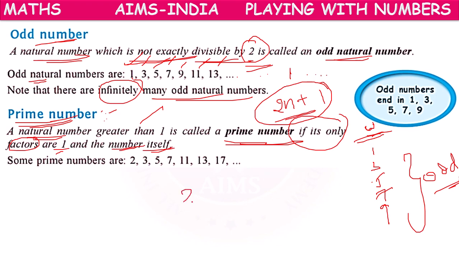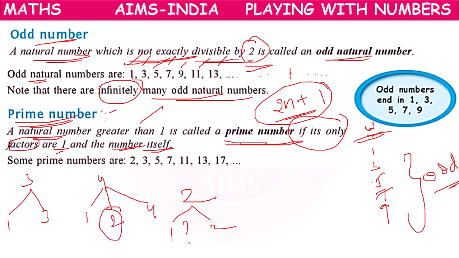If you take 2, 2 is divisible by 1 and 2. That's all, there is no other number. If you take 3, divisible by 1 and divisible by 3. If you take 4, divisible by 1, divisible by 4 and also divisible by 2, so it is not a prime number.